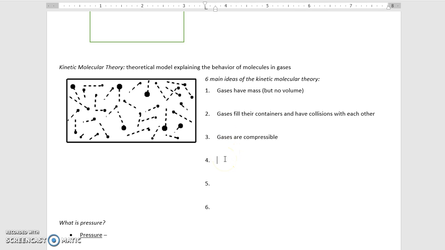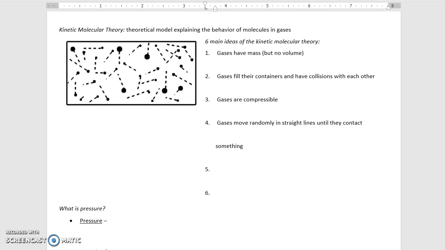The fourth is that gases move randomly in straight lines until they contact something. That means they'll keep moving in the direction they're moving until they run into something that makes them move in a different direction.